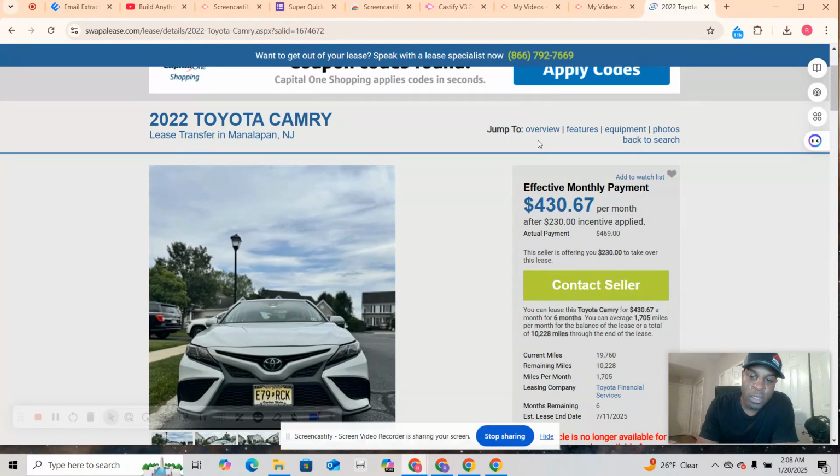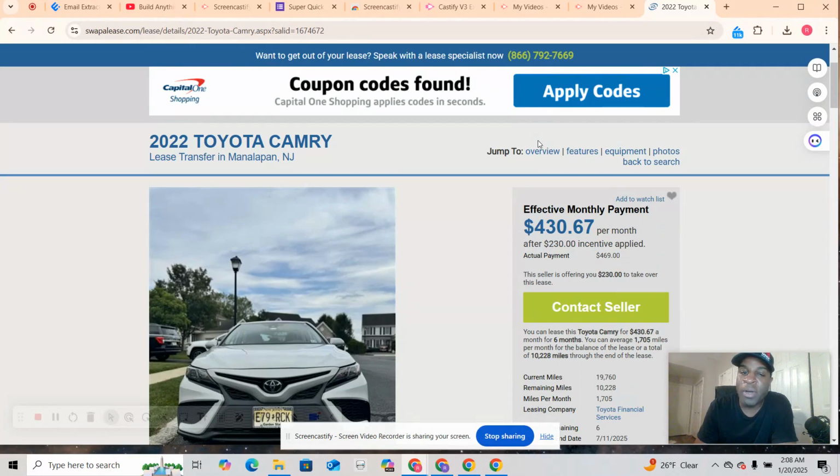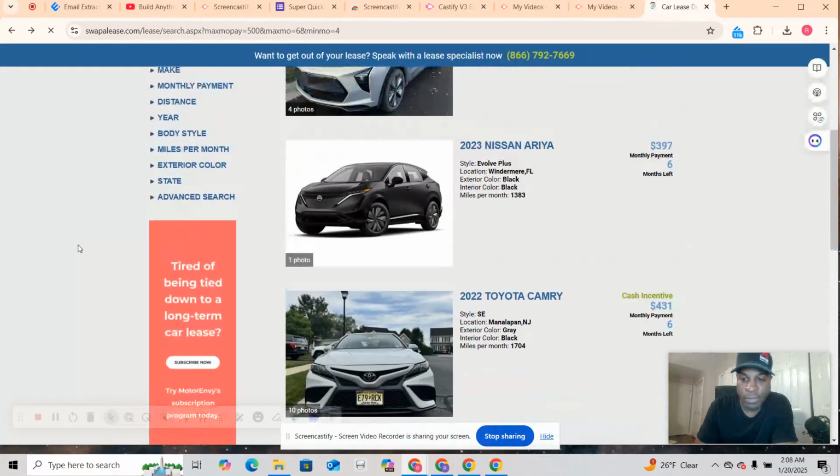Now, the incentive to take over is $230. These auto trade lines could run you anywhere between $3,000 to $5,000 depending on how many months are left on the lease, what the monthly payments are, and so forth. But you will be able to add an auto lease on your credit.